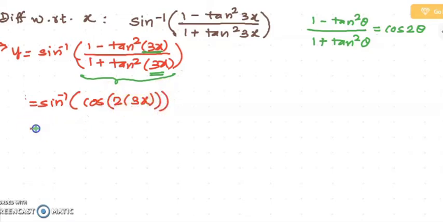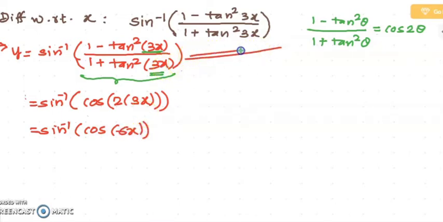So it gives you sine inverse of cos of 6x. Just relate these two expressions and you would come to know what is done with the bracket, which is equal to sine inverse of cos of 6x.